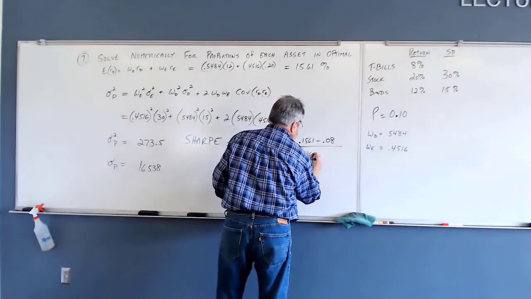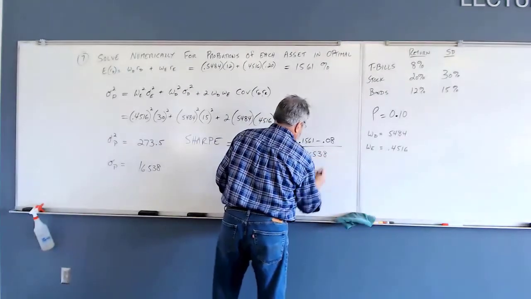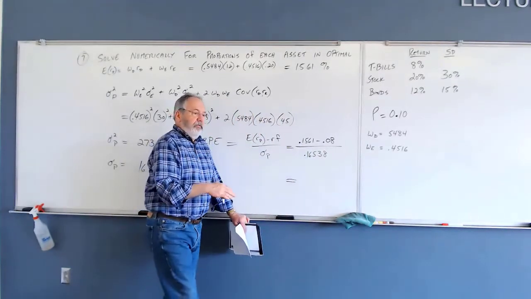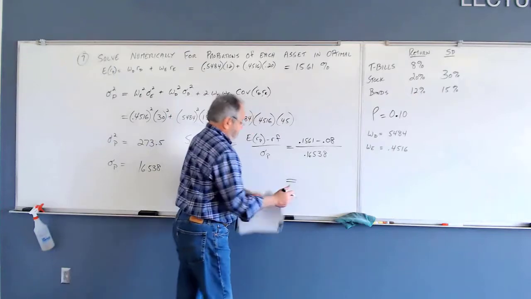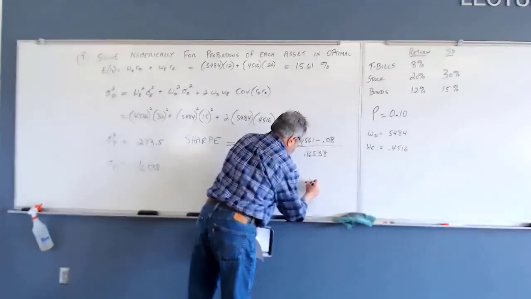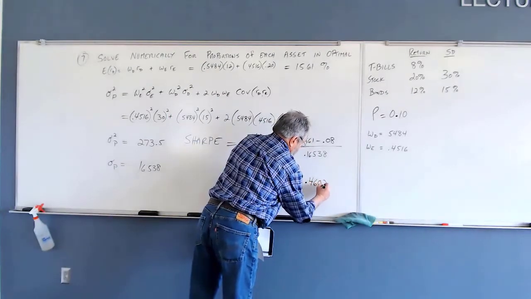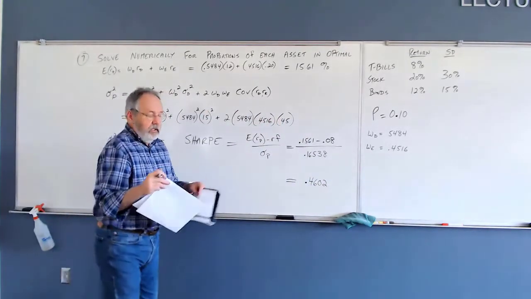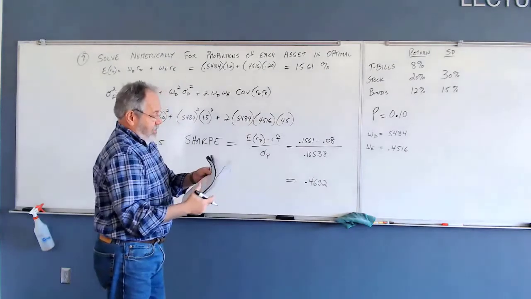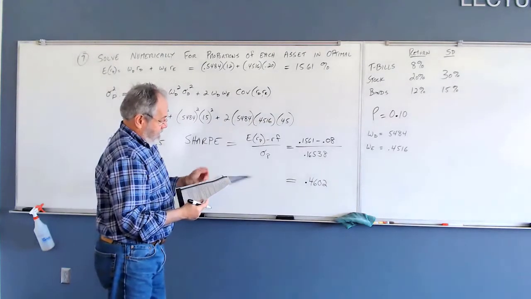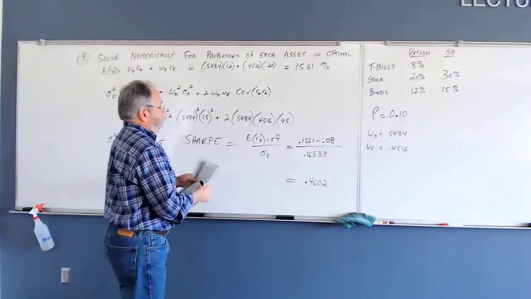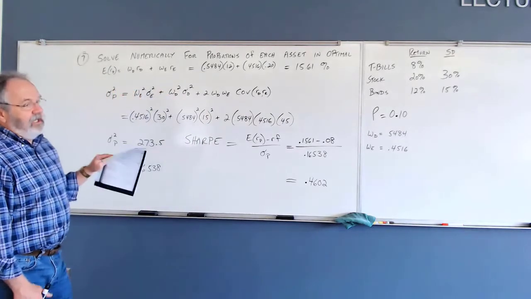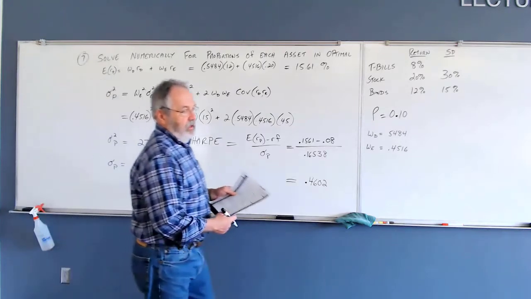The Sharpe ratio of the optimal portfolio is 0.4602. Okay? So that's 4, 5, 6, 7, and 8 from Chapter 7.